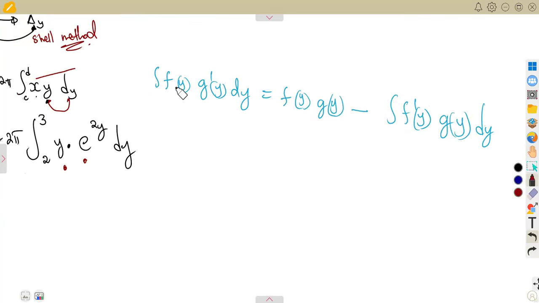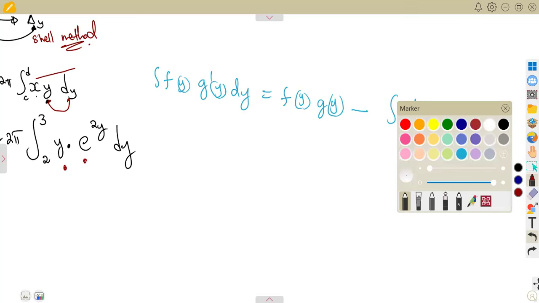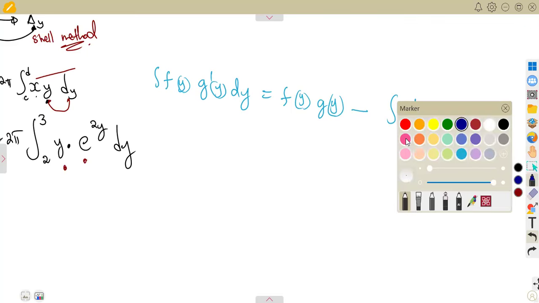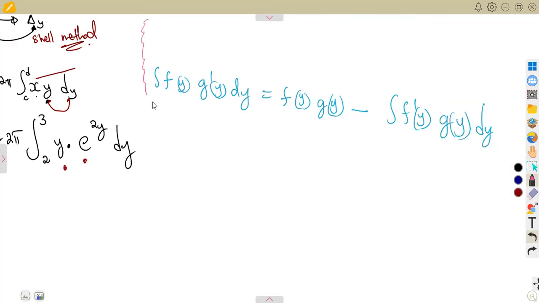I also said it is best that if you are dealing with an algebraic and an exponential, if you still remember from our introductions, it is best for us to choose the algebraic to be our f of x, which in this case is our f of y.